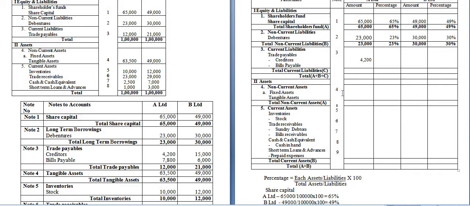Now find out the percentage. 4,200 divided by 1 lakh into 100 is equal to 4.2%. Okay.